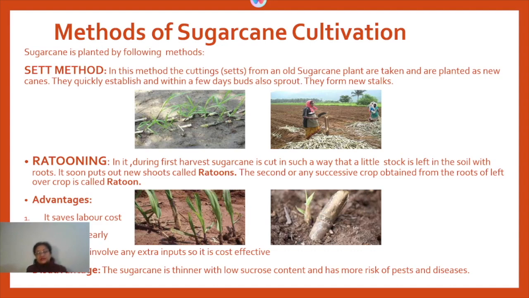And the third very important advantage is that it does not involve any extra input, because it is already established in the soil. So it is cost effective also. That means it needs comparatively less fertilizer, and any of the inputs we use are required less. So again, this is an advantage of this method of sugarcane cultivation.